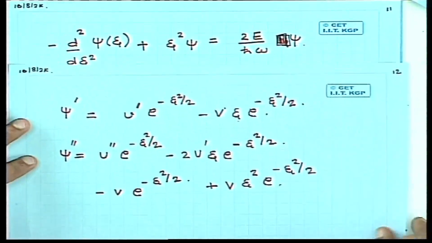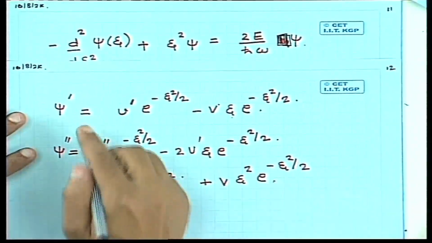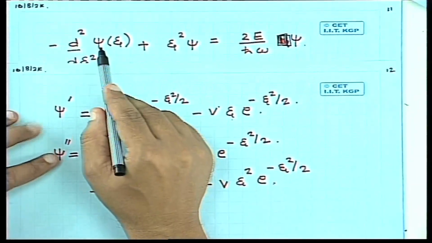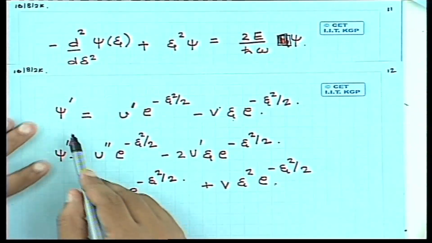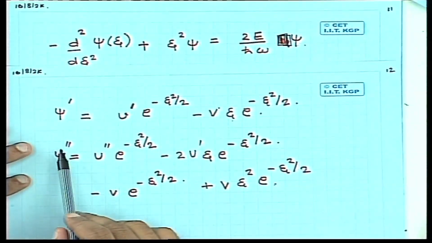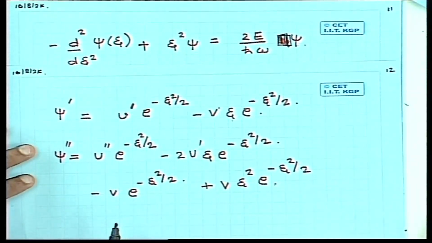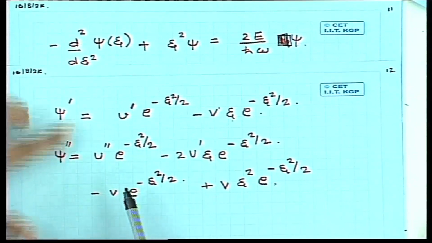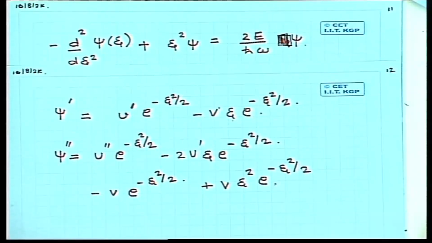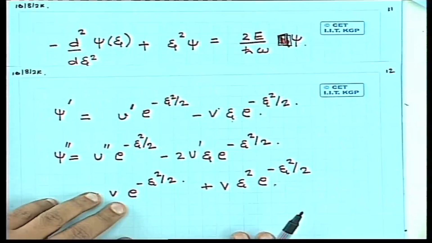So if we calculate the derivatives, the derivative which occurs here is psi double prime, where prime indicates derivative with respect to xi. So if we calculate psi double prime, which turns out to be this, and we plug it in here into this equation, then what we find is as follows.